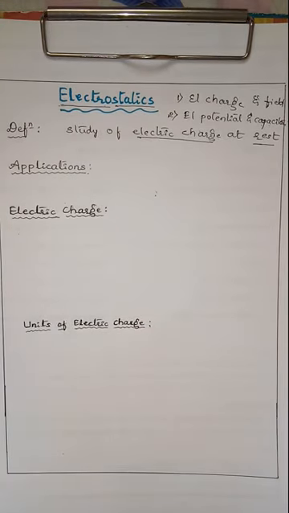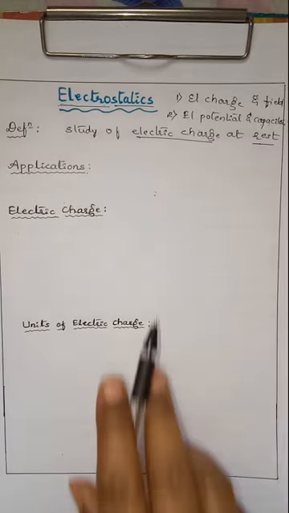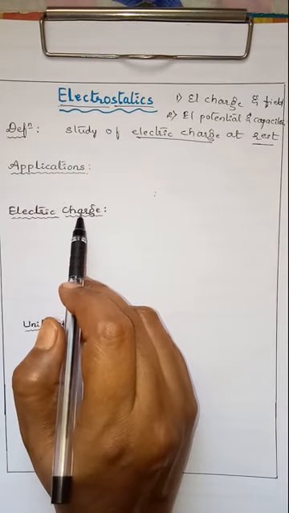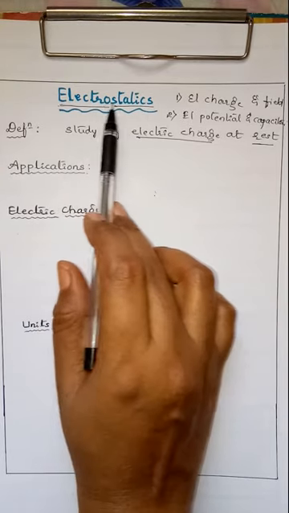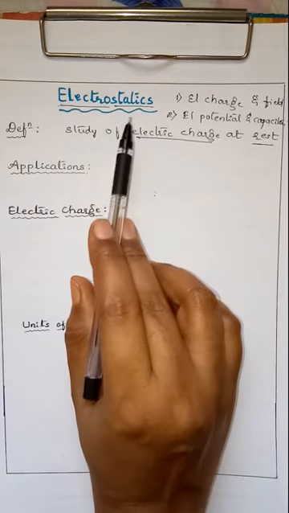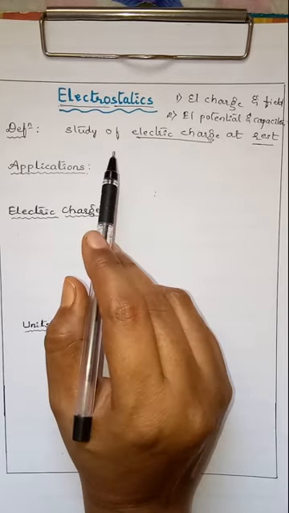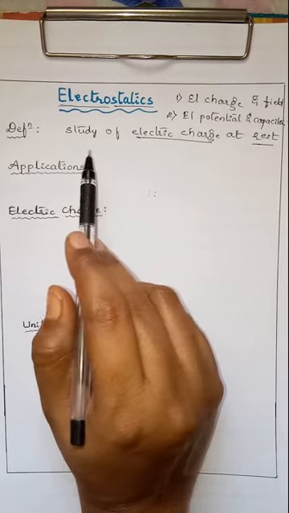So let us see what is electric charge. Before coming to electric charge, let us see what are the applications of the branch we are going to study. Let me cite just one or two. When you go through the text, you can make out the number of applications.